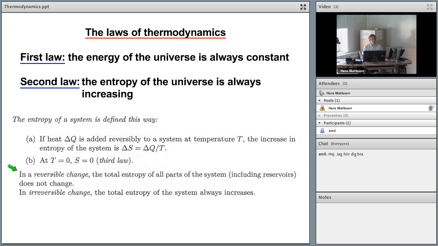Then everything is reversible. We go back to the initial state without influencing the surroundings, then we have a reversible process. But there is no such thing as reversible processes. They do not exist. All the processes are irreversible, and therefore the entropy of the system will always increase.